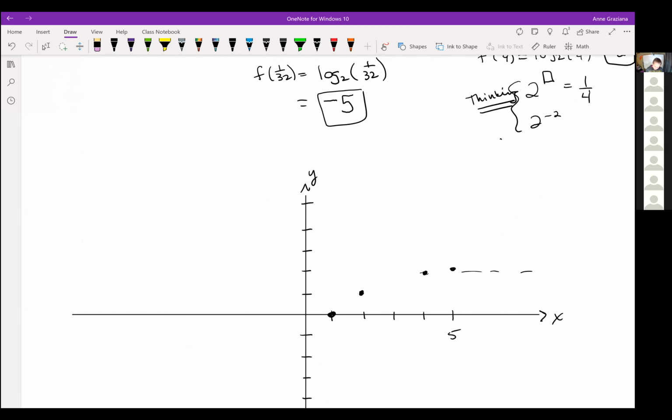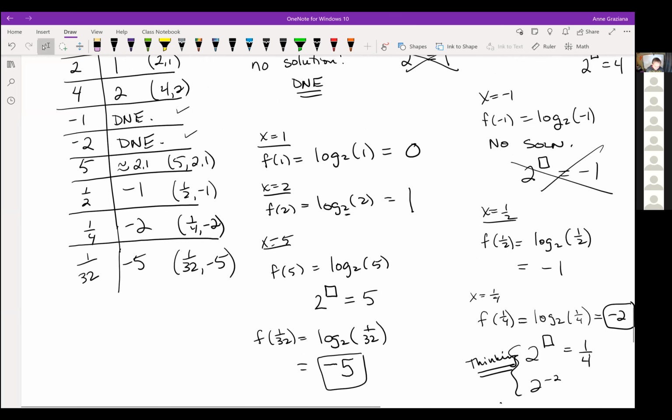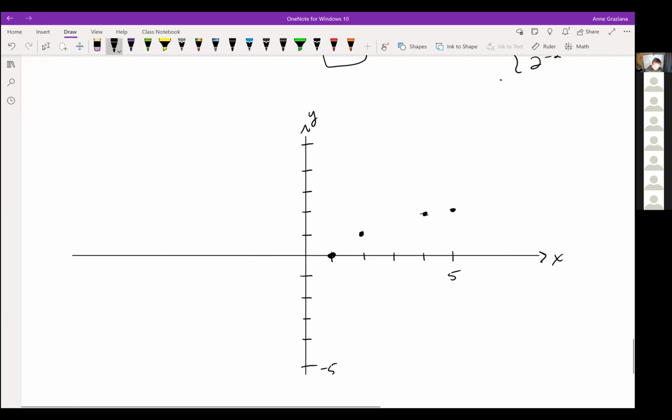Here's 1/2, -1. And then 1/4 was -2. And then 1/32, which I don't think I can accurately represent on this graph, is going to be like -5.